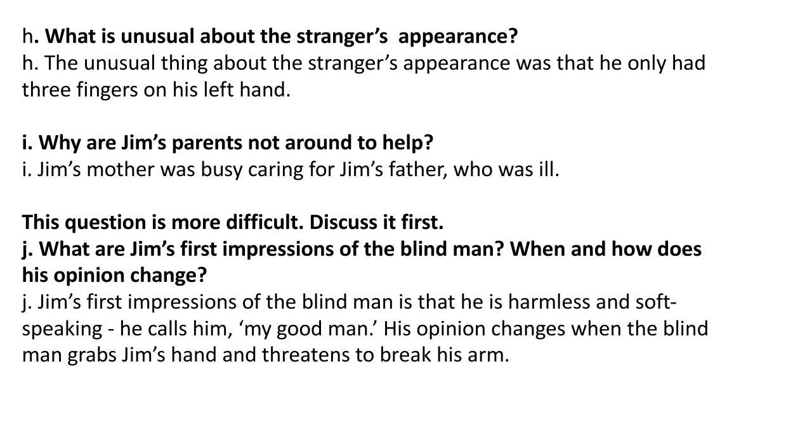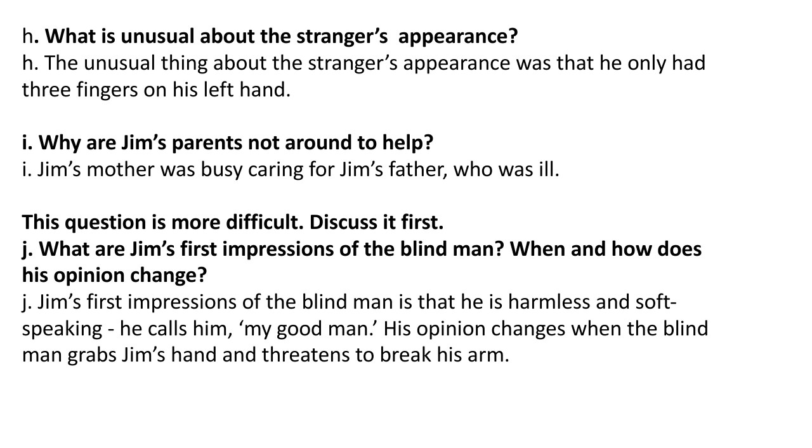Okay, next question: what is unusual about the stranger's appearance? The unusual thing about the stranger's appearance was that he only had 3 fingers on his left hand. Why are Jim's parents not around to help? Jim's mother was busy caring for Jim's father, who was ill.